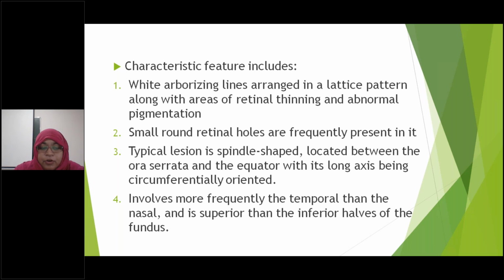Okay, it involves the temporal region more frequently than the nasal region, and the superior region more than the inferior region. So it is most frequently seen in the superior and temporal area.